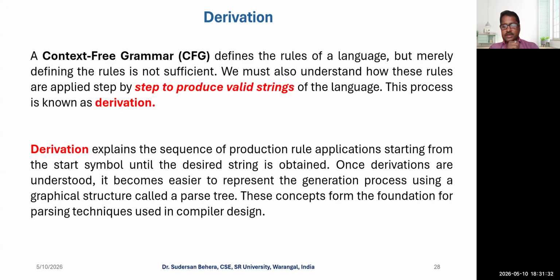Now let us understand what a derivation is with the help of an example. First, we will understand the types of derivation. Derivation is the process of generating a string by applying substitution. Once again, let me be clear: derivation is the process of generating a string from the start symbol of the grammar by applying multiple substitutions.